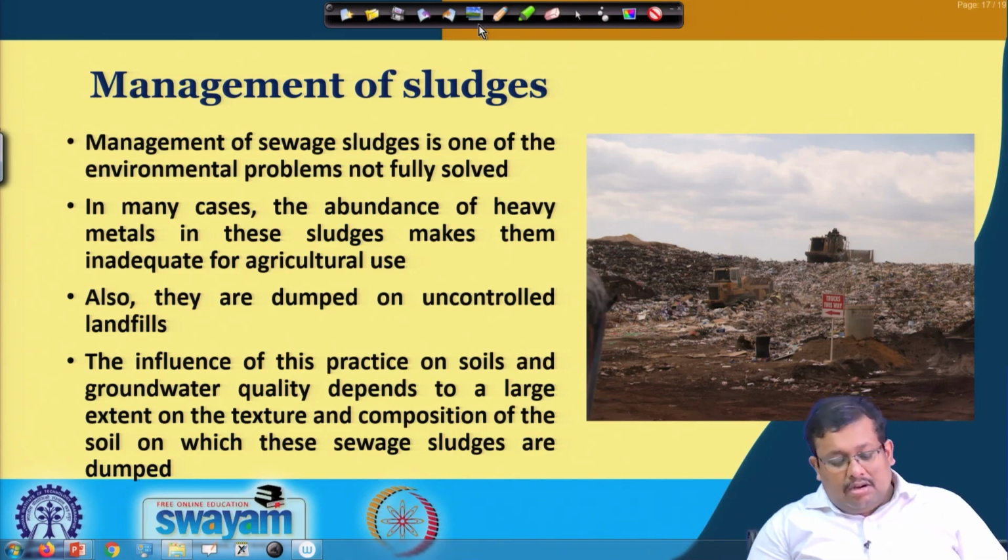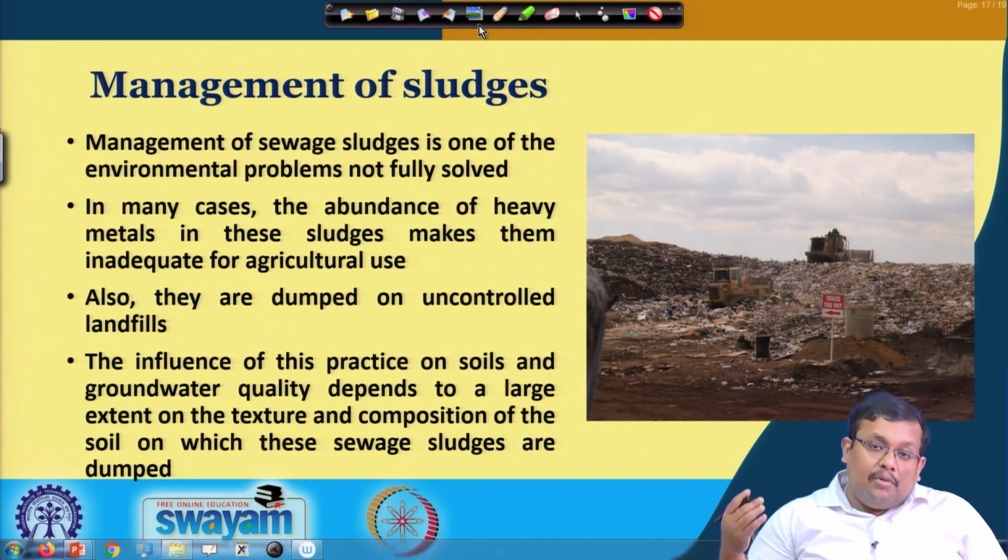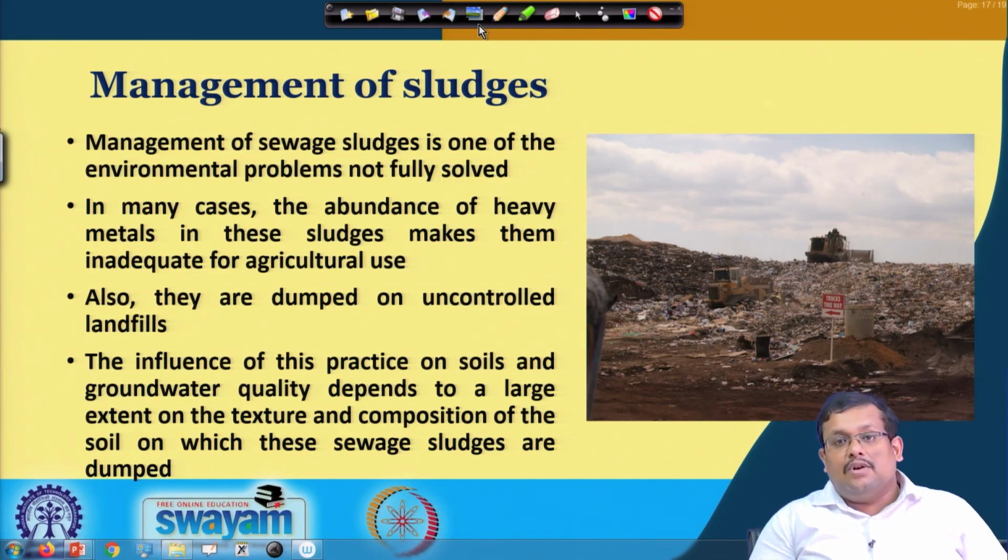So, soil texture and composition are very, very important for the mobility of these heavy metals or trace elements or organic chemicals from the soil to groundwater. If the texture is sandy, obviously there will be more movement of these toxic organic chemicals or heavy metals down to the groundwater, ultimately creating groundwater pollution.